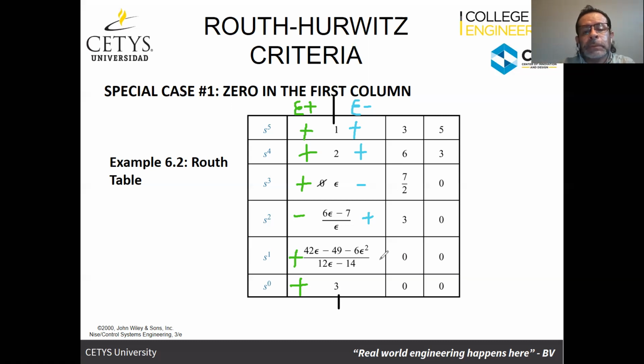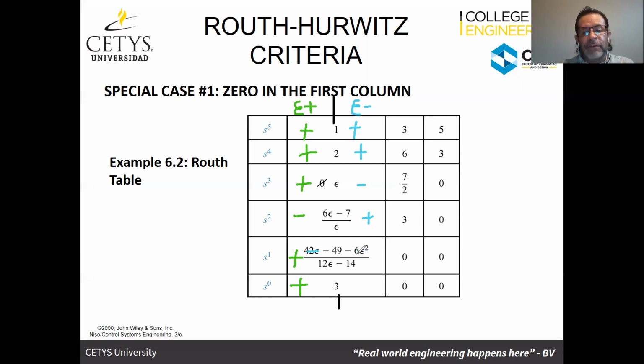Over here, we've got 42 times epsilon. That's a very small negative number, so this is going to be negative. Epsilon, which is negative, squared times 6, this is still going to be negative, or negative 6.